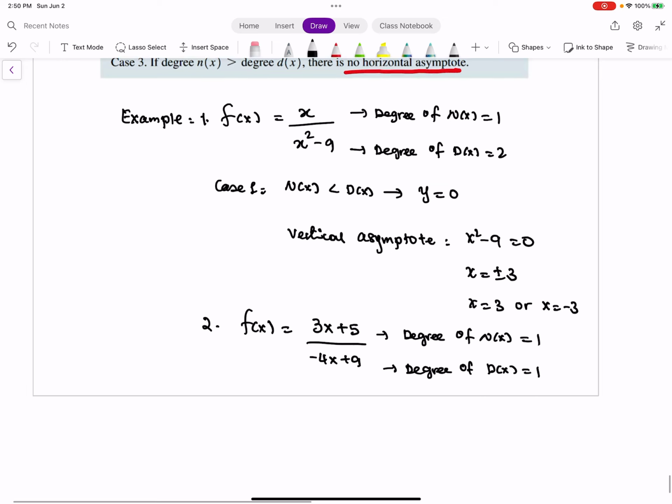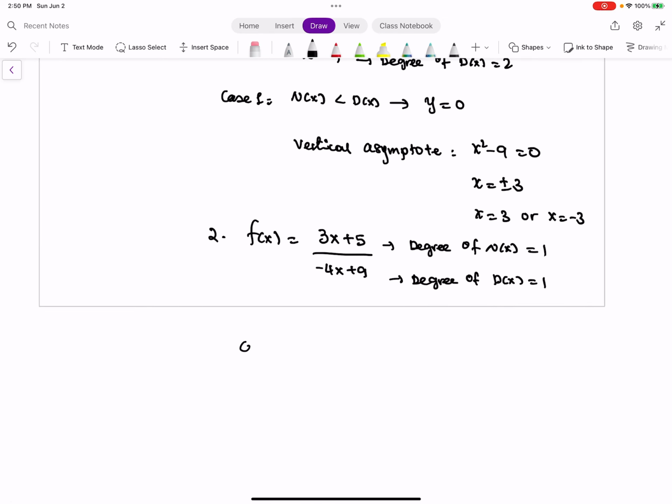Now case 2 states that if the degree of n of x is equal to the degree of the denominator, then the horizontal asymptote is equal to a over b. In our case, y is equal to 3 over minus 4.